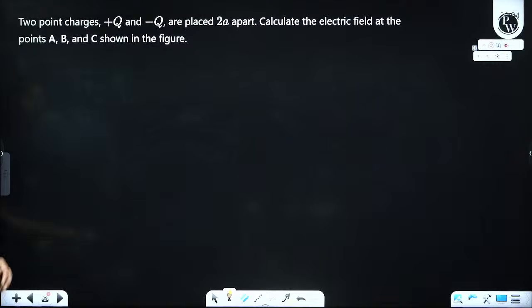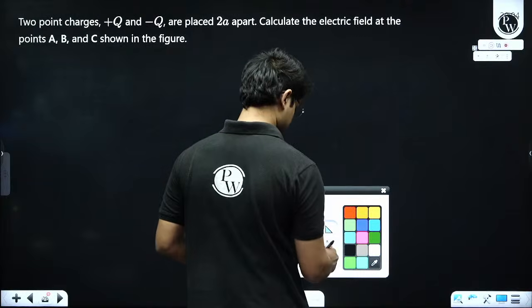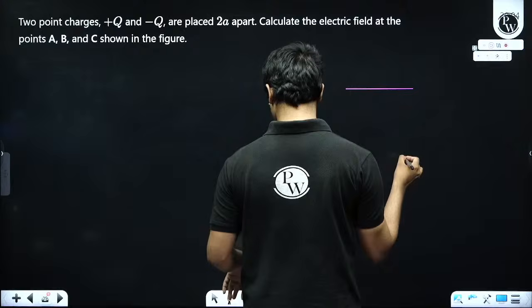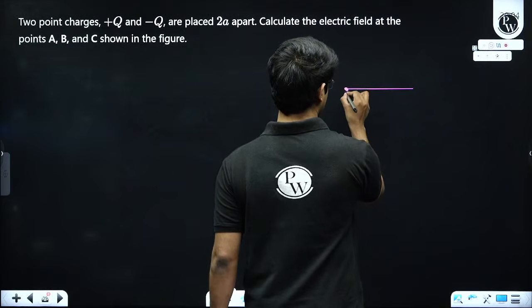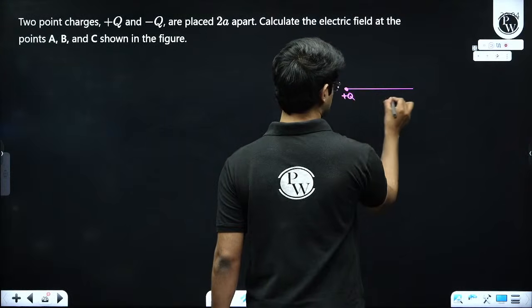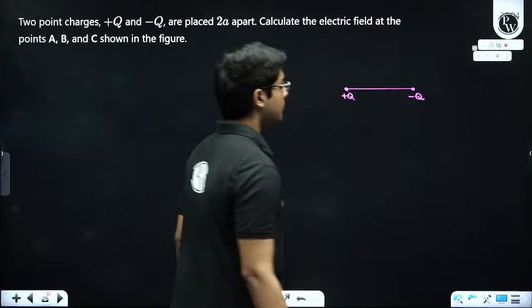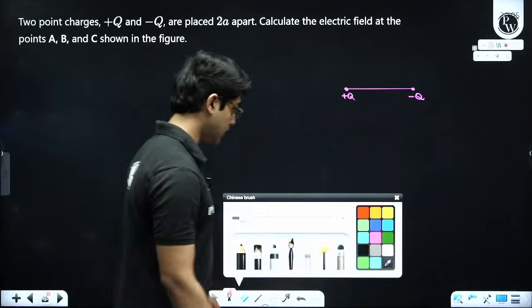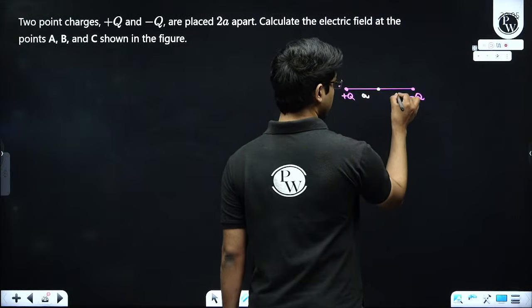So if we take this question, 2 point charges plus Q and minus Q, I'll draw that diagram. If I take two charges like this, they're placed 2a distance apart.